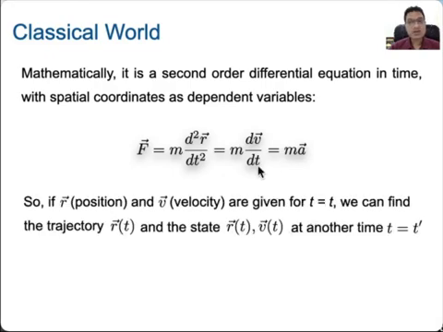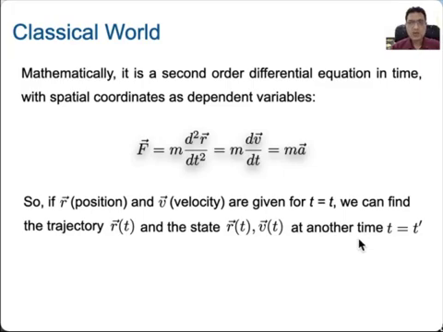So what does it provide us? If we know the position and velocity of a particle at a given time t, then by solving this equation F equals ma, we can easily find the position and velocity of this particle at another time t prime.